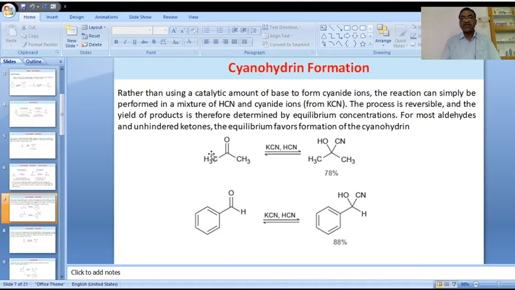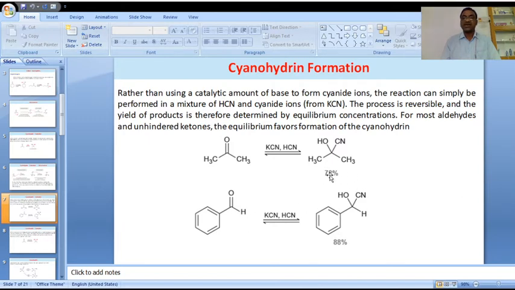When we compare with aldehydes, the ketones undergo the same cyanohydrin formation, which also is favored, but the percentage may be less compared with the aldehydes.